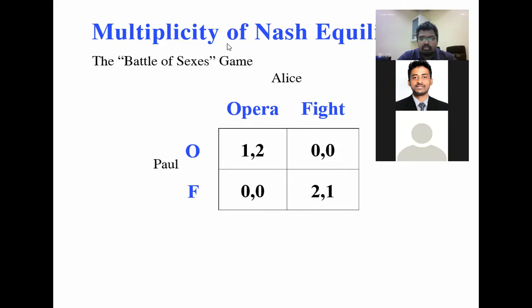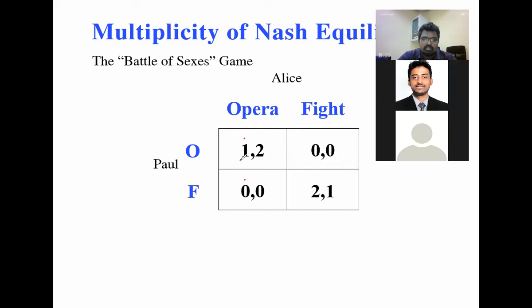Okay. So let me know how we'll recognize here. Again we'll think the same way. Paul first. If Alice goes for opera, what's the best for Paul? We have this and this. Opera.